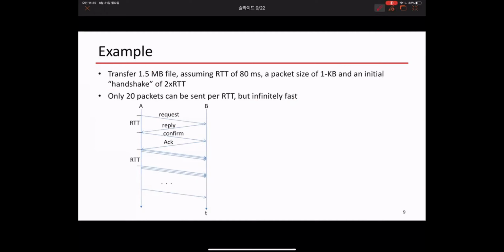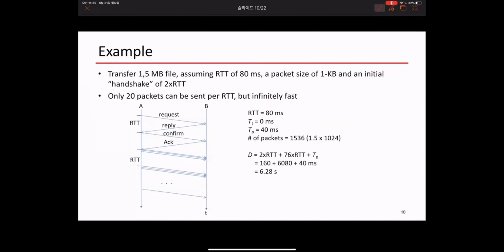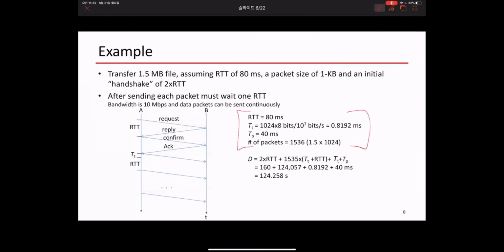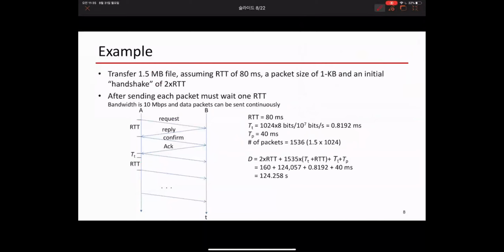Okay, good point. So let's solve this. Let's go back to the previous one. I think we should do this again. It is saying RTT is 80 milliseconds. It is very clear.